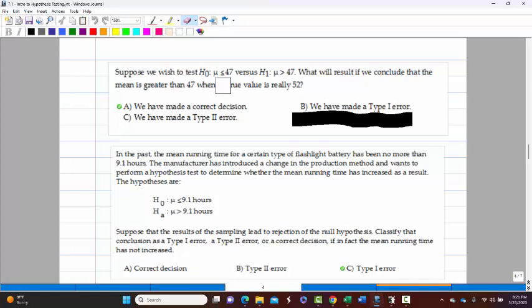So by definition, if you reject the Ho when the Ho is true, you have made a type 1 error. So basically, if that number is anything over 47, we made a correct decision. If it's anything less than or equal to 47, we would have made a type 1 error. I know that can be a little confusing.